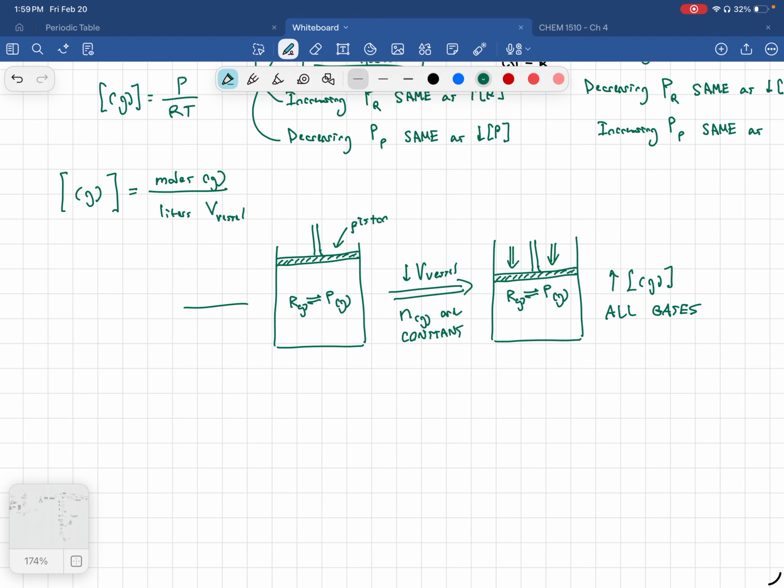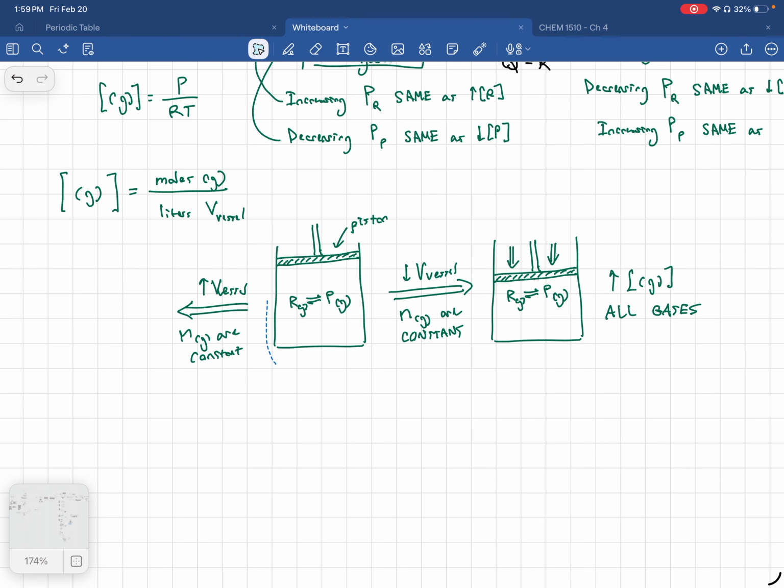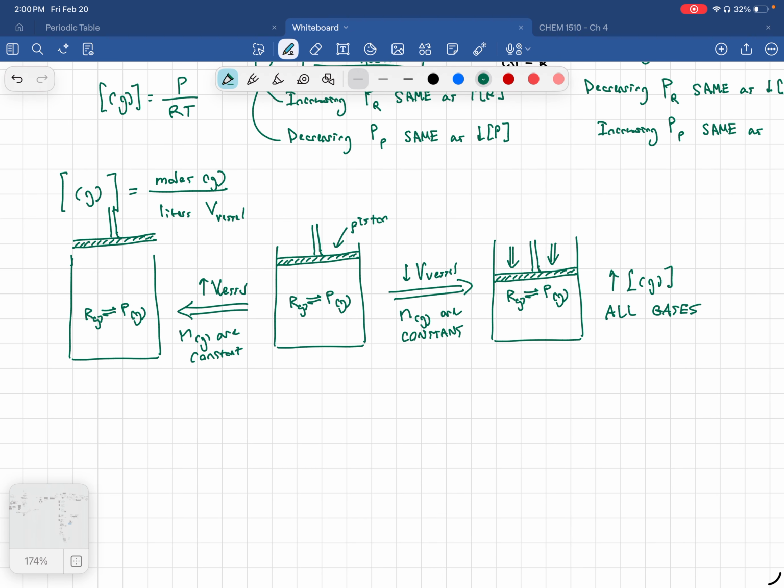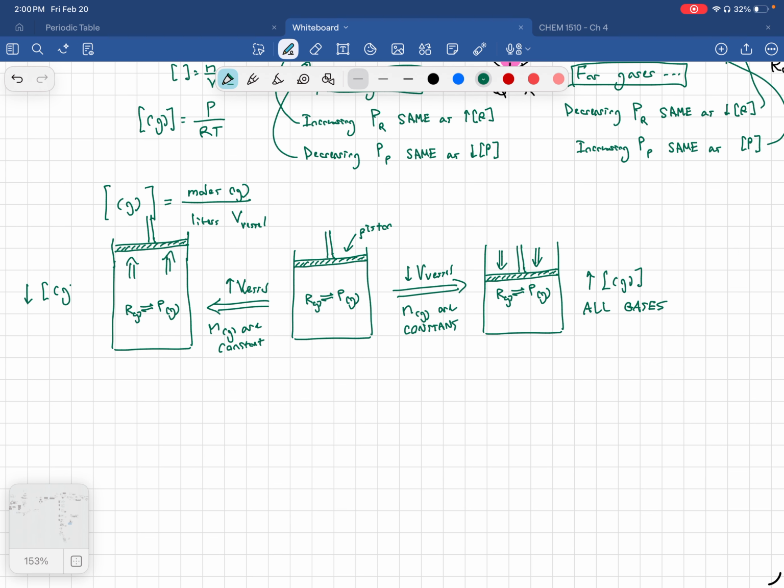If we go in the other direction, if we increase the volume of the vessel, and again, our moles of gas are constant because we're not adding or removing any gases to or from the container, this will have the effect of decreasing all of our gaseous species concentrations at the same time.